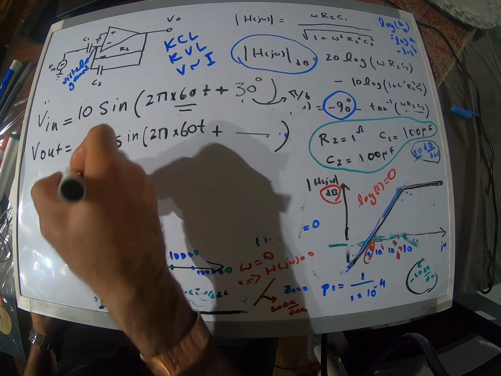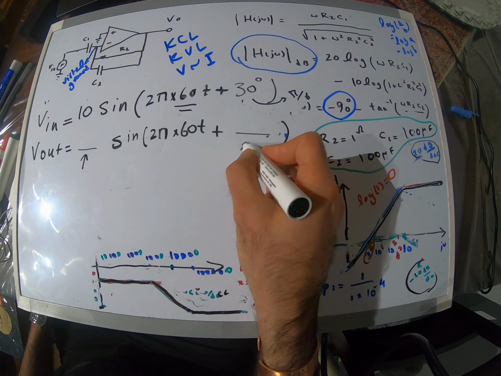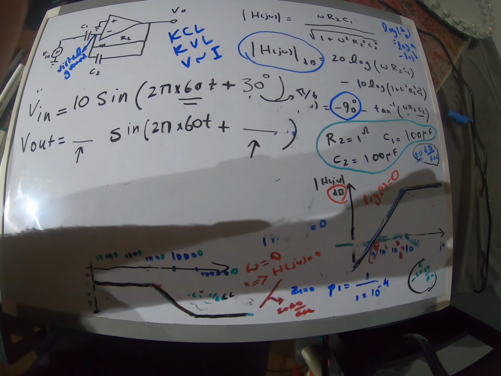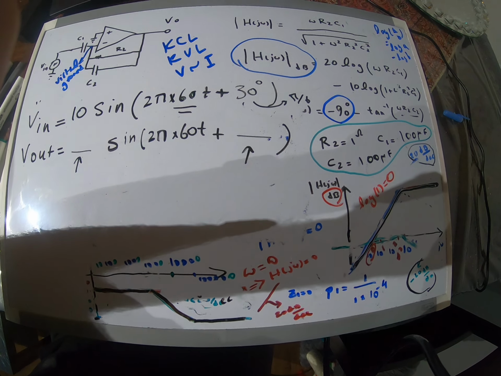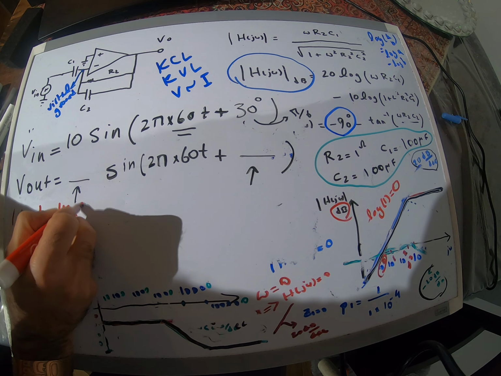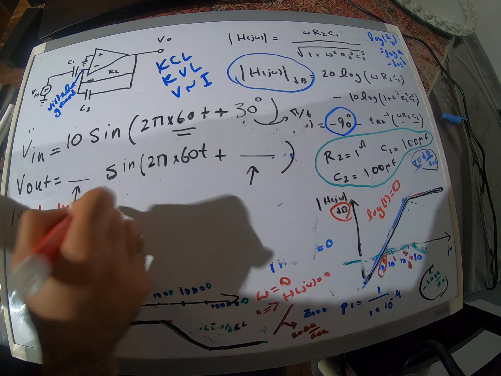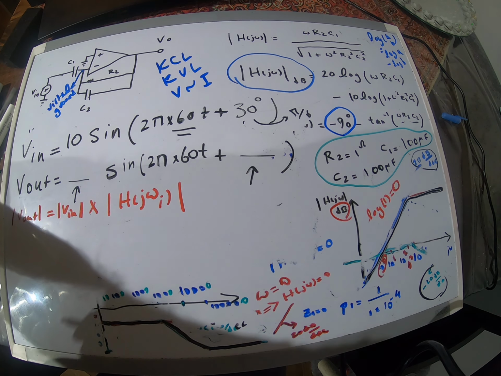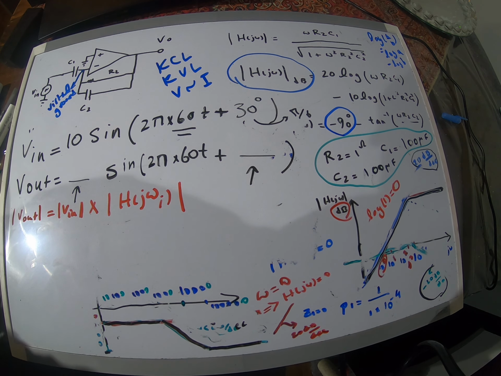Okay, so now how do I find the magnitude and the phase of the output? The magnitude of the output is going to be the magnitude of the input multiplied by the magnitude of H(j omega) at the frequency of the input.